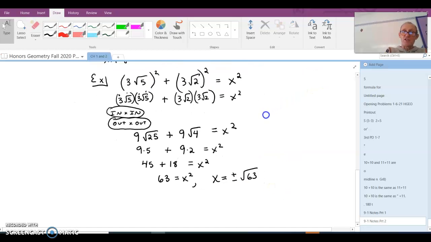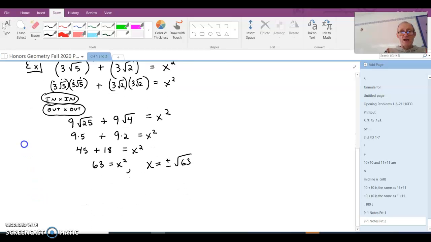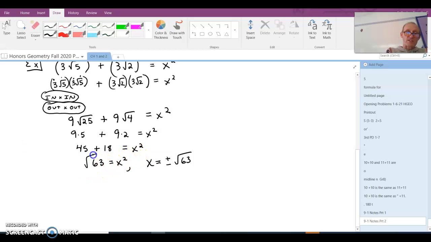This is exactly like the first example, see? So we take the square root of both sides, and we get x equals plus or minus the square root of 63.